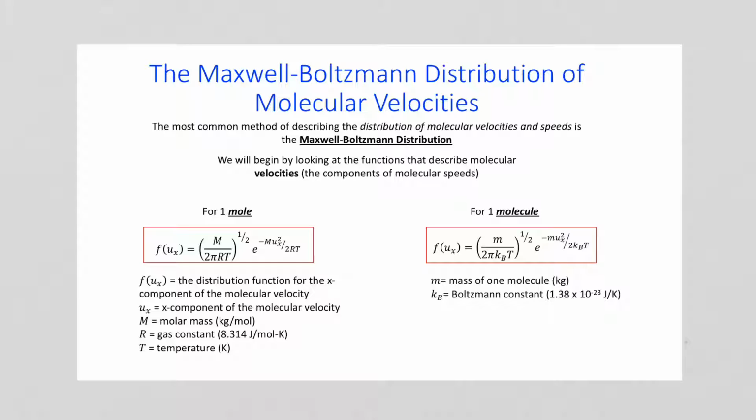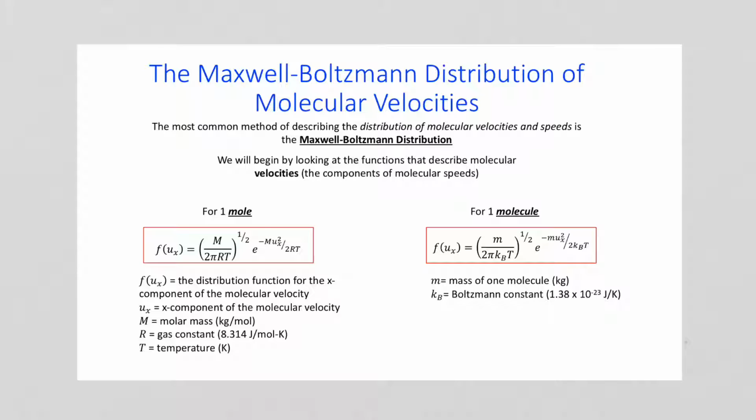If we're talking about a sample of gas on what we would call a macroscopic scale, where we have moles of a sample, then we would be using this form of our Maxwell-Boltzmann distribution for molecular velocities, where we have a function of u sub x, where u sub x is the x component of our molecular velocity.